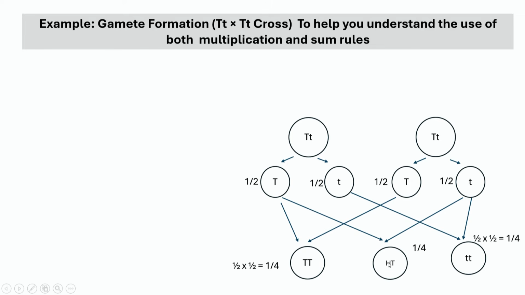Now this should not be head and tail, it should be T or T or T or T, right? So then you get these 2 alternatives 1 by 4, 1 by 4, and finally it is 1 by 2. Exactly the same way as we discussed the coin toss example, and final ratios are 1 is to 2 is to 1.